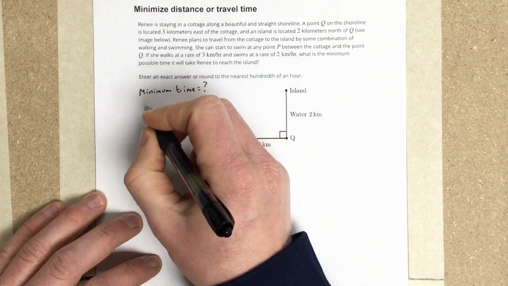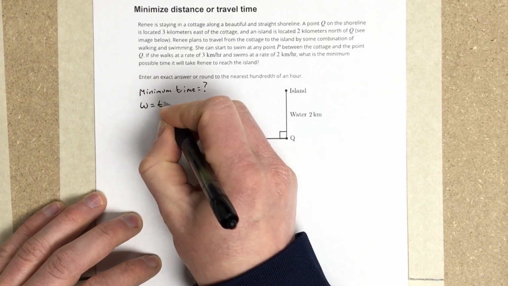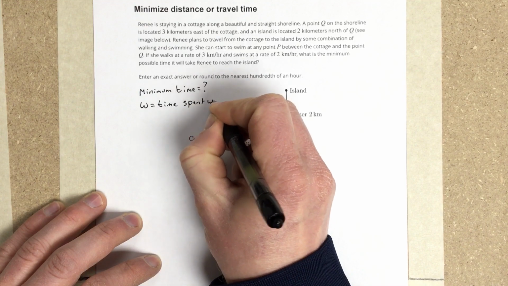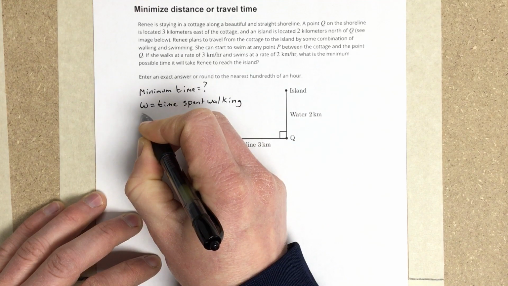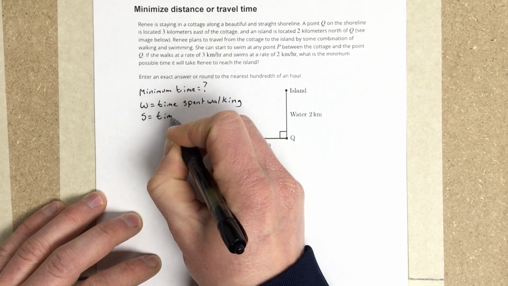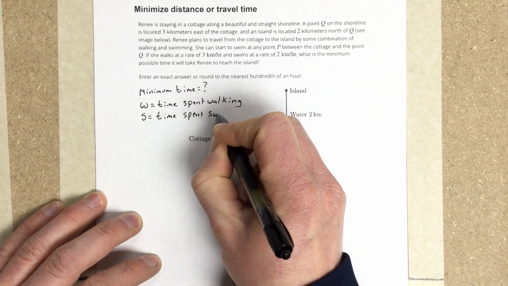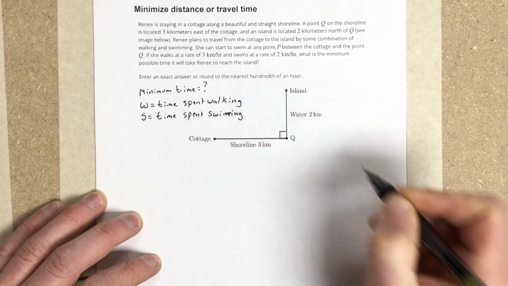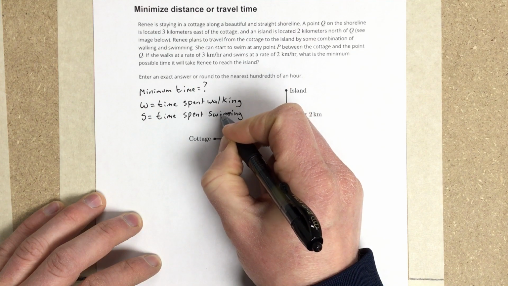So we know she's going to walk, so we're going to say that W is equal to the time spent walking. And then we also know that she's going to swim, so we'll say S is equal to time spent swimming.